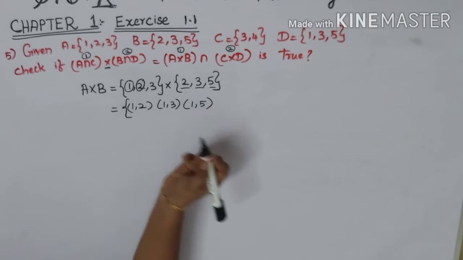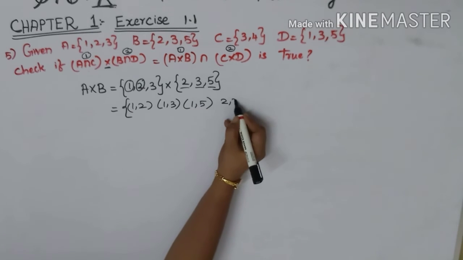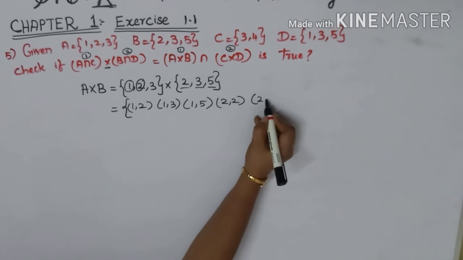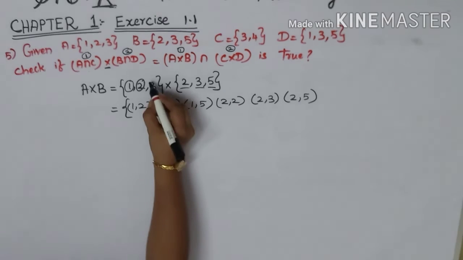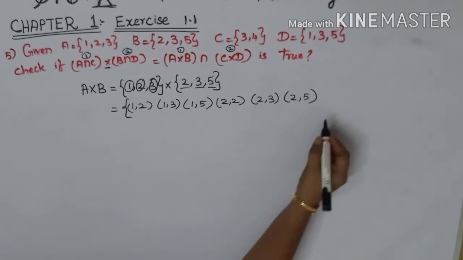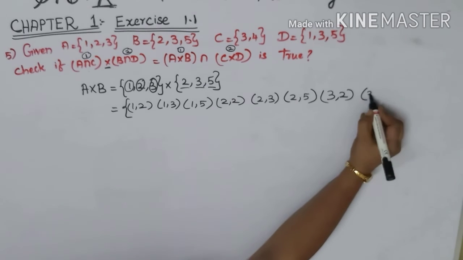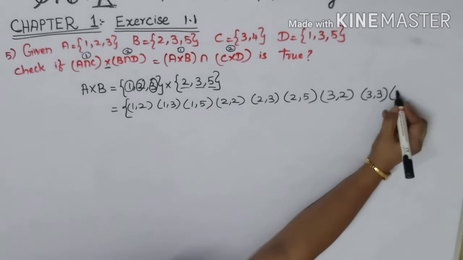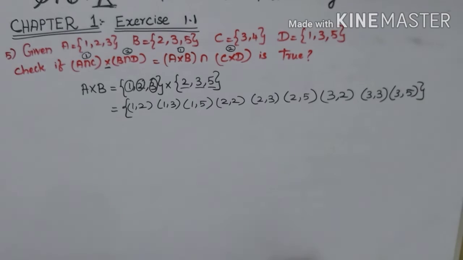The second element in set A is joined with these three elements. So it is (2, 2), (2, 3), (2, 5). Then the third element in A. So it is (3, 2), (3, 3), (3, 5). So we have finished all the elements, and you can close your bracket.